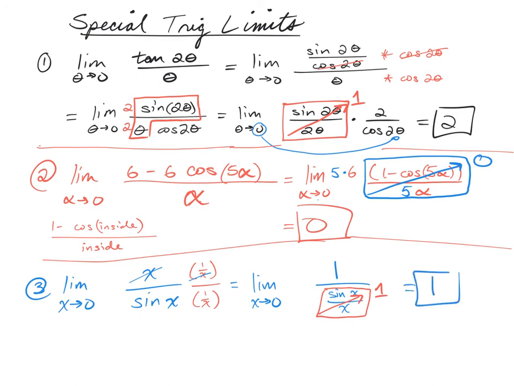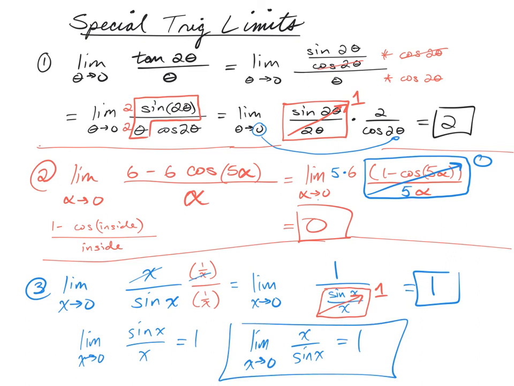So now we have a different version: the limit as x approaches 0 of sine of x over x is 1, but also the limit as x approaches 0 of x over sine of x is also 1. So this is a third special trig limit that you can include in that list from a couple slides ago.